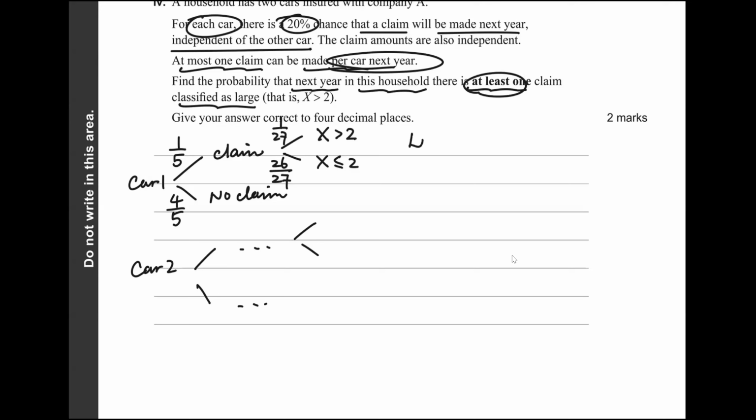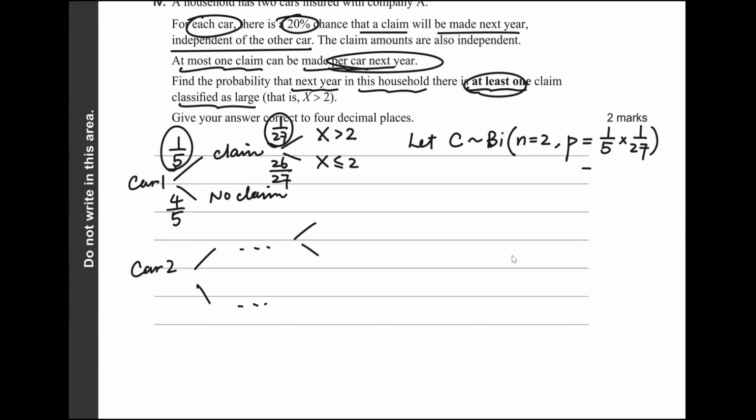So let C be the number of claims. We have 2 cars, and the probability of having a claim and it's identified as large. So you need to get, let's say, 1/5 times 1 out of 27.